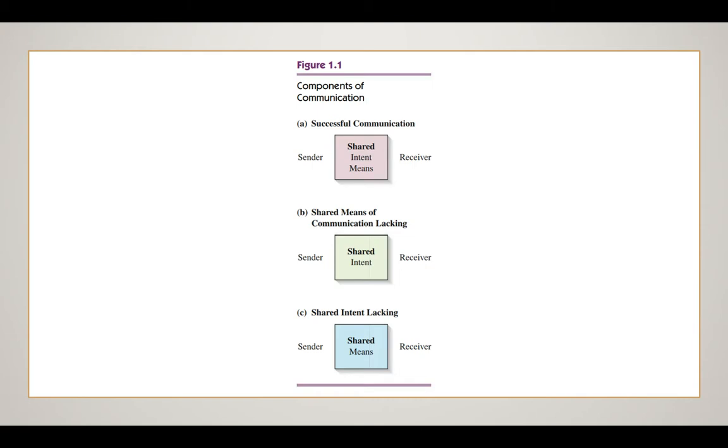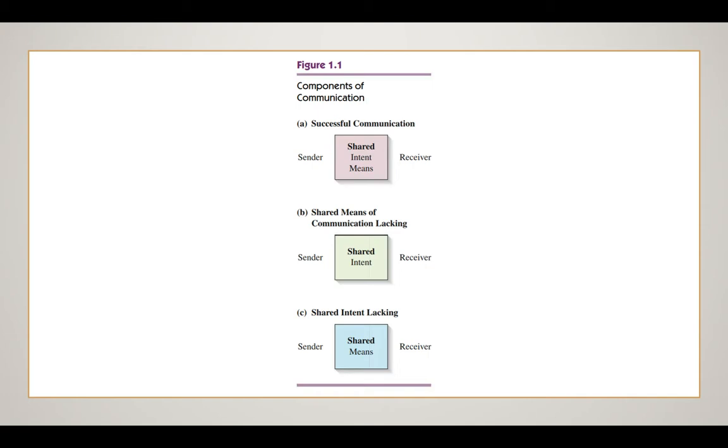An easier one to understand that with is the bottom one where you have a shared intent lacking. So you have the shared means in this instance.